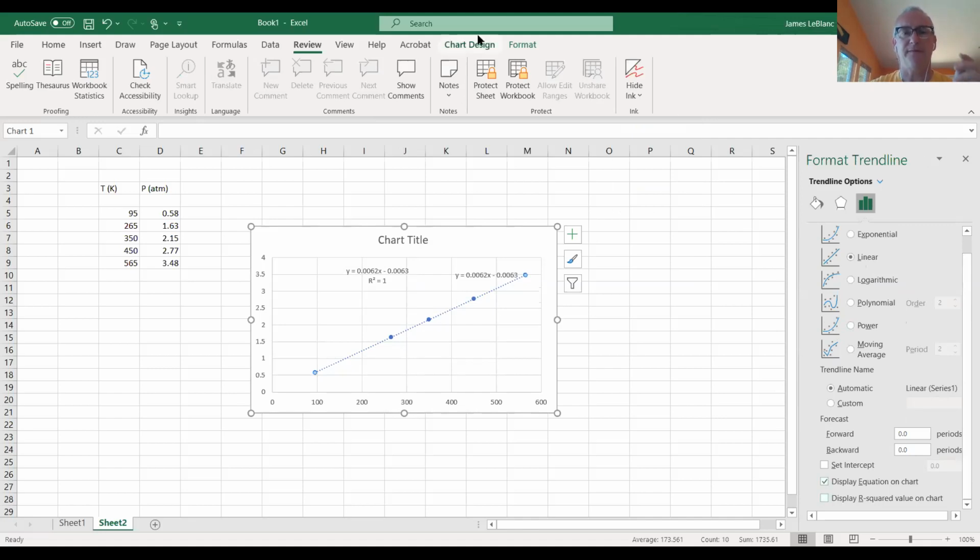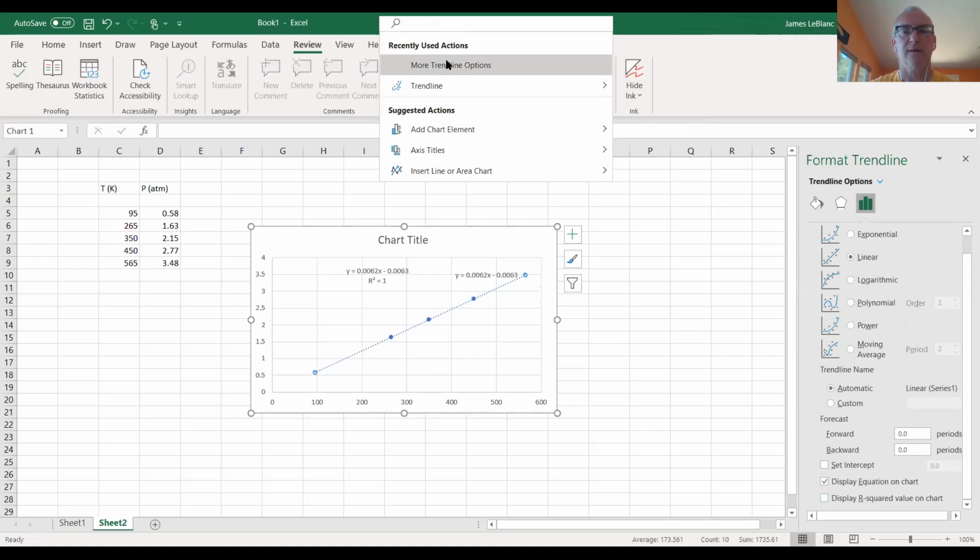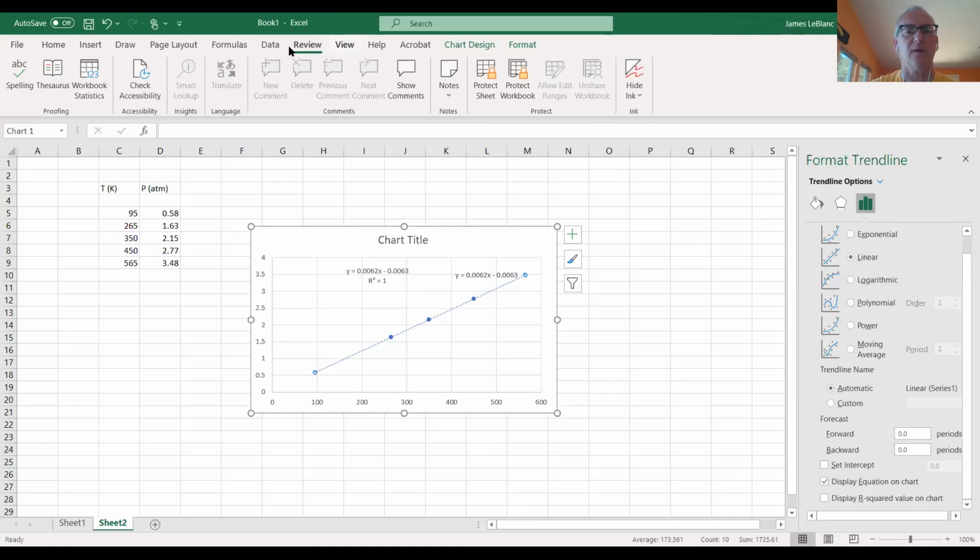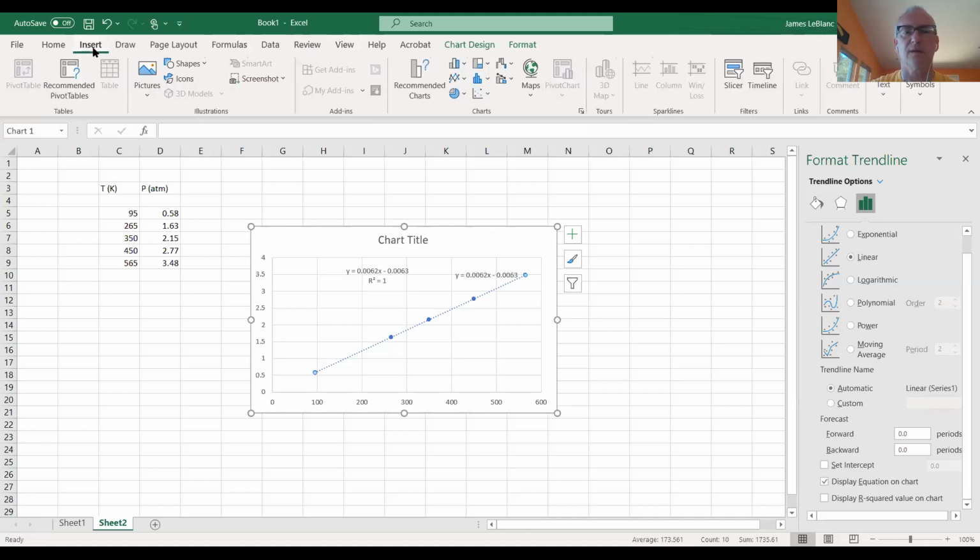But I'm trying to find, where do we find add chart element? Where is that? That's not helpful. I think the chart then.